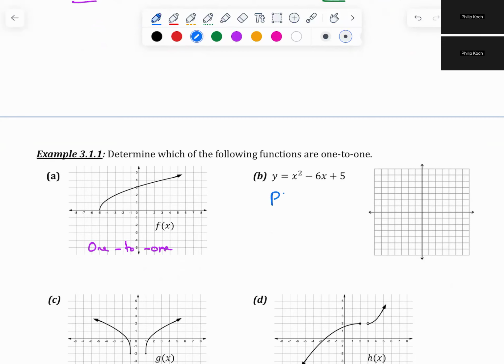It's a parabola, with vertex at 3 comma, I'm going to plug in 3, get 9 minus 18, -9 plus 4, -4.